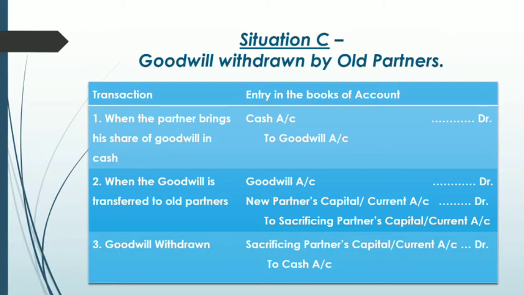Second entry, that is the goodwill is transferred to the old partners' capital account: goodwill account debit, new partner's capital or current account debit to sacrificing partners' capital or current account. And then when goodwill is withdrawn by the partners, the entry will be sacrificing partners' capital or current account debit to cash account.